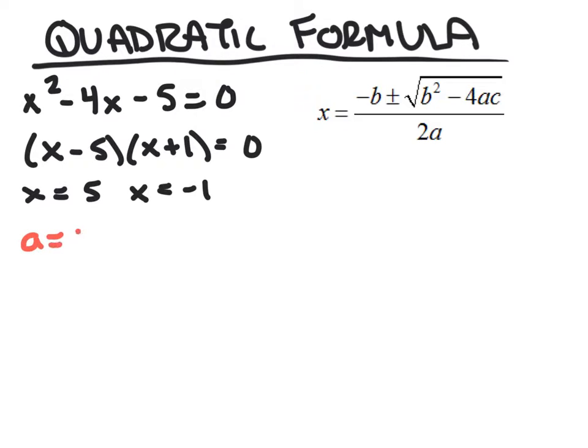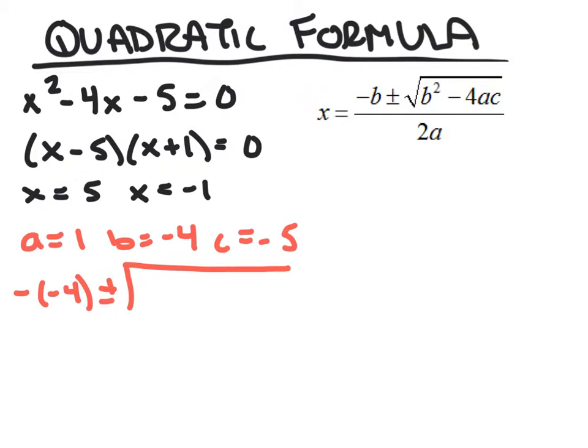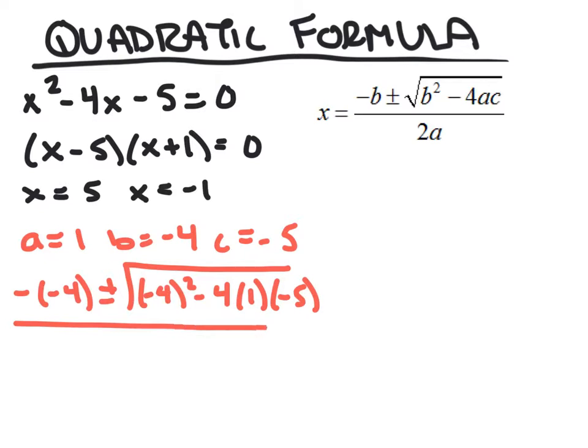So our a equals 1, our b equals negative 4, and our c equals negative 5. When we put this into the formula, we get the negative of negative 4 plus or minus the square root of b squared, which is negative 4 squared, minus 4 times a, which is 1, times c, which is negative 5, all over 2 times a, which is 1.